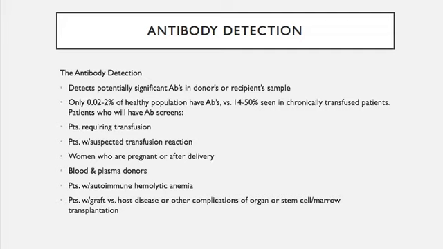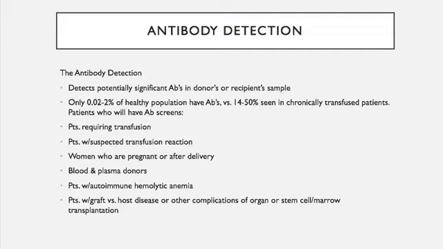Okay, the antibody detection. The purpose of this testing is to detect potentially significant antibodies in a donor or a recipient sample. Only 0.02 to 2% of healthy individuals have antibodies versus 14 to 50% seen in chronically transfused patients.